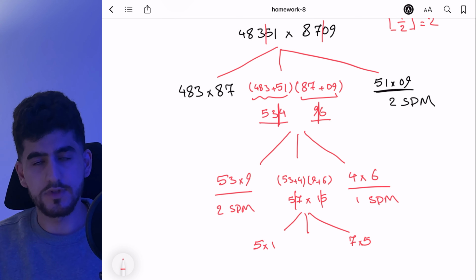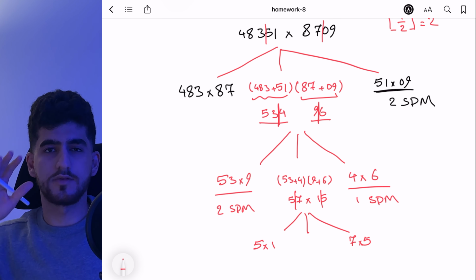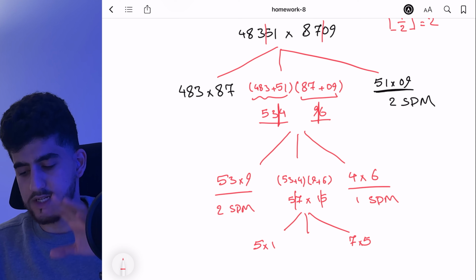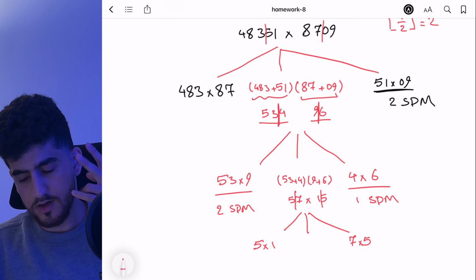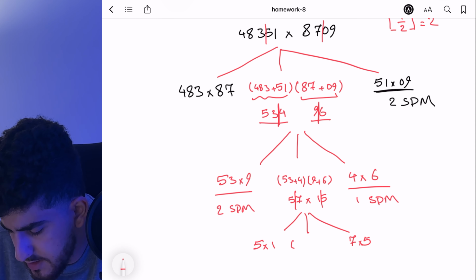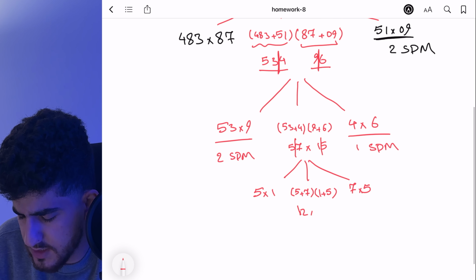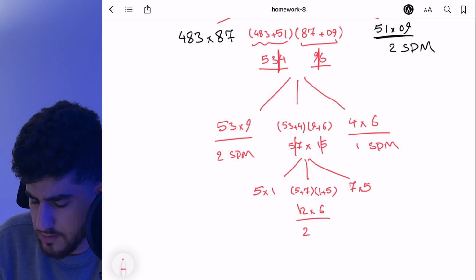Okay, so that's the rule. The leftmost one is the product of the left ones, the rightmost one is the product of the right ones, and the middle one is the product of the sum of these two and the sum of these two. So the middle one in here is going to be 5 plus 7 times 1 plus 5, which is going to be 12 times 6, which is going to be 2 single digit multiplications.